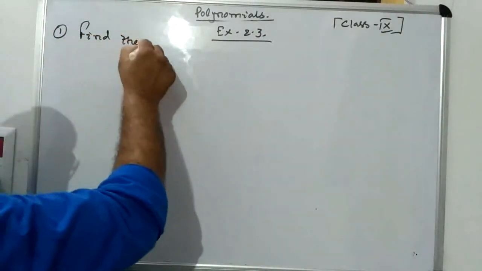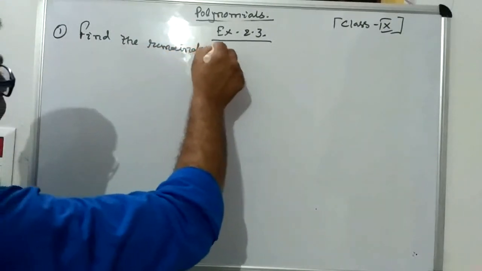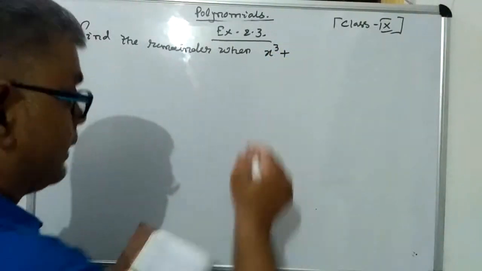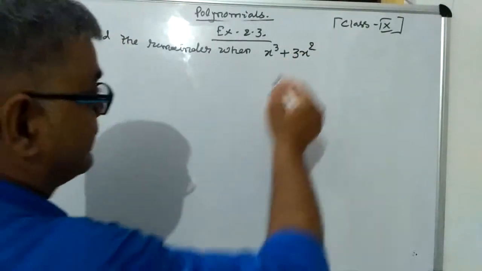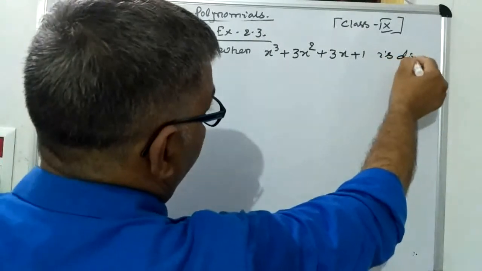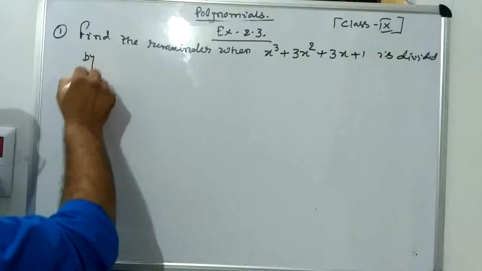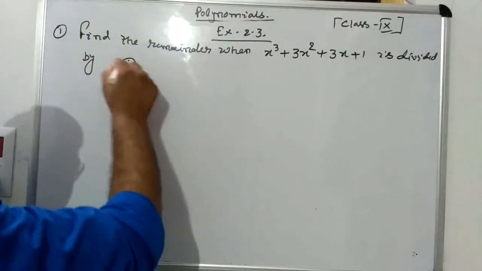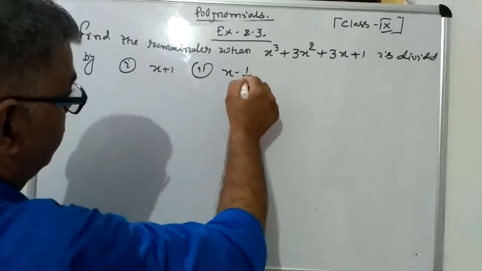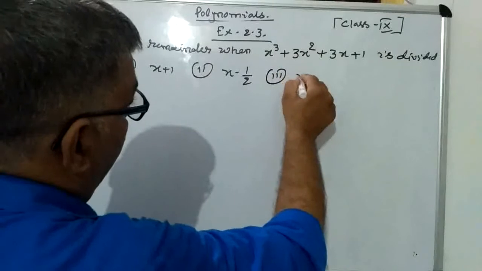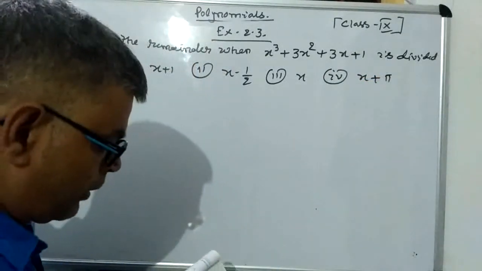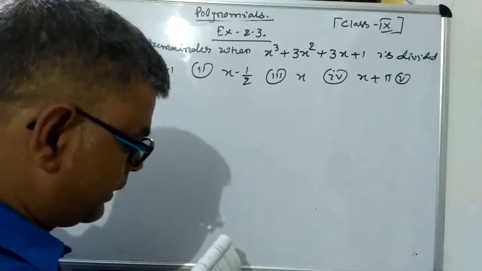Find the remainder when x cube plus 3x square plus 3x plus 1 is divided by: first, x plus 1; second, x minus 1 by 2; third, x; fourth, x plus pi; and fifth is 5 plus 2x.